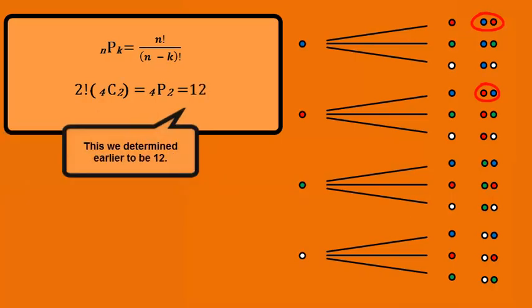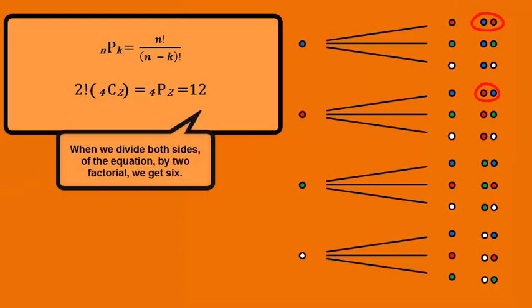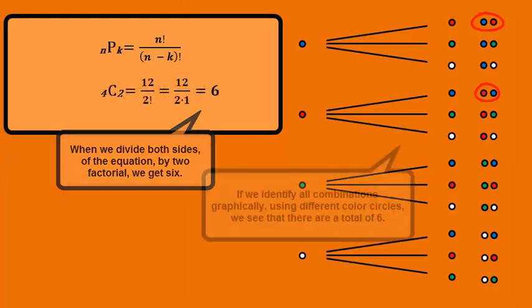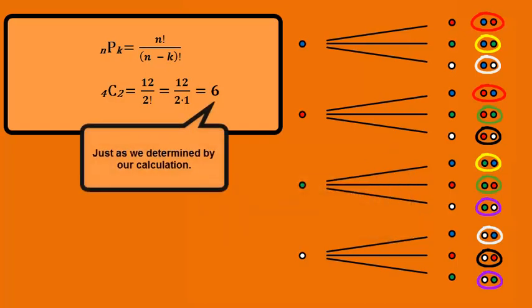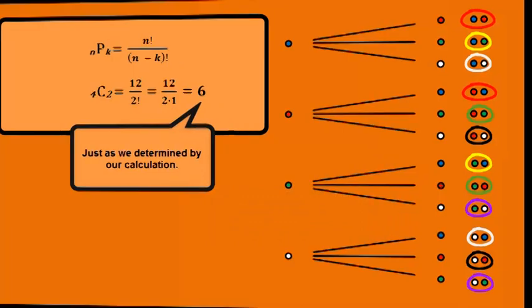This we determined earlier to be 12. When we divide both sides of this equation by 2 factorial, we get 6. If we identify all combinations graphically using different color circles, we see that there are a total of 6, just as we determined by our calculation.